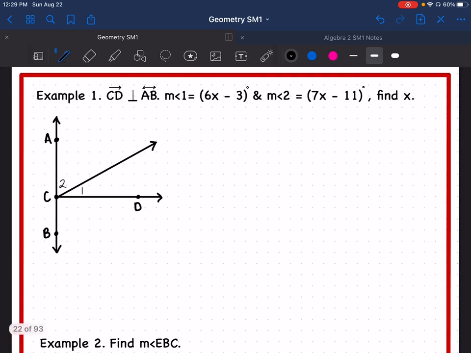All right, I have two final examples for you, just to see if you can use your foldable that we did in class today. So, example 1, ray CD. Uh-oh, I haven't seen this symbol. This symbol right here is the symbol for perpendicular.